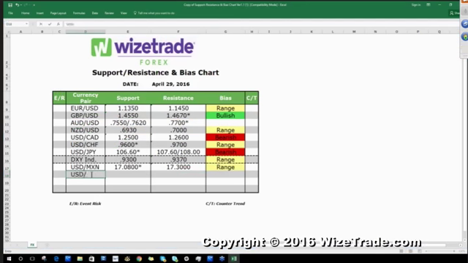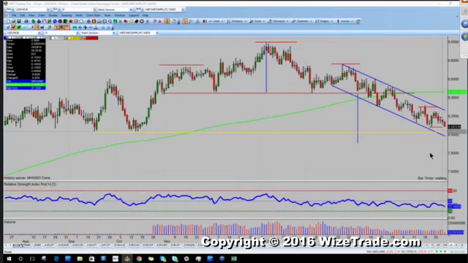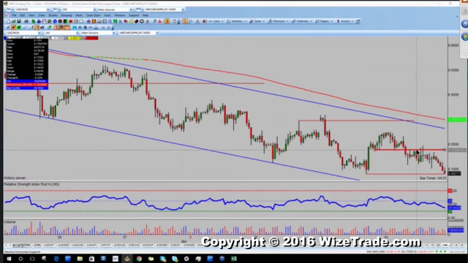Damn crude oil, man. It's so strong. Norwegian krona, 8.03, 8.08. Resistance is whatever. We had resistance yesterday. It's right here, basically. 8.18. Is that right? Yeah.